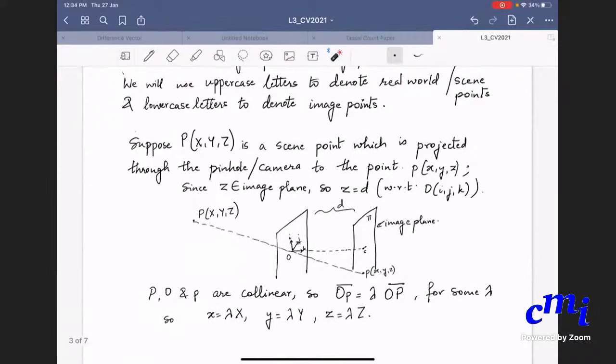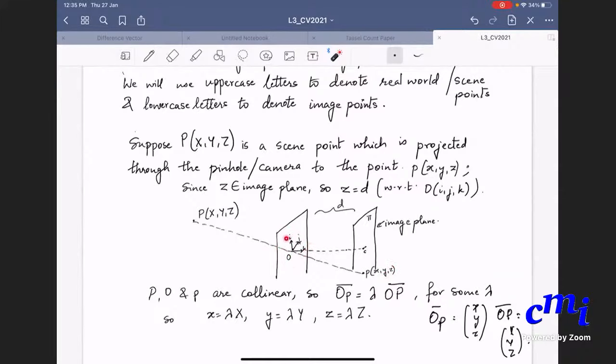And now, because these are written in vector coordinates, what is Op bar? Op bar is the vector (x, y, z), and OP bar is the vector (X, Y, Z). The point to note here is don't get lost with all the coordinate systems. This xyz is with respect to these ijk for now.